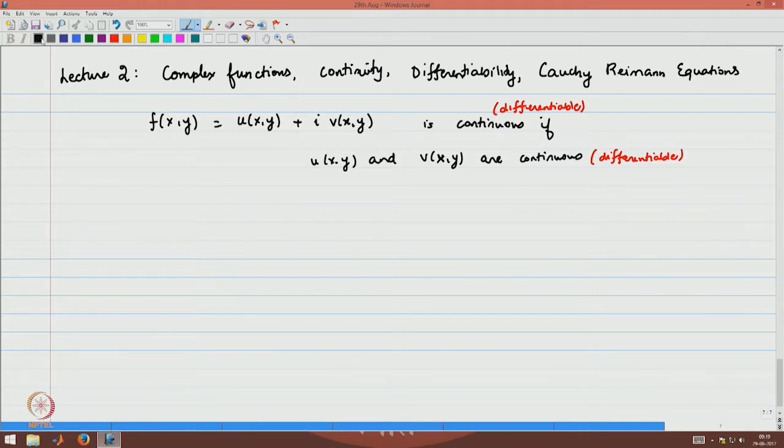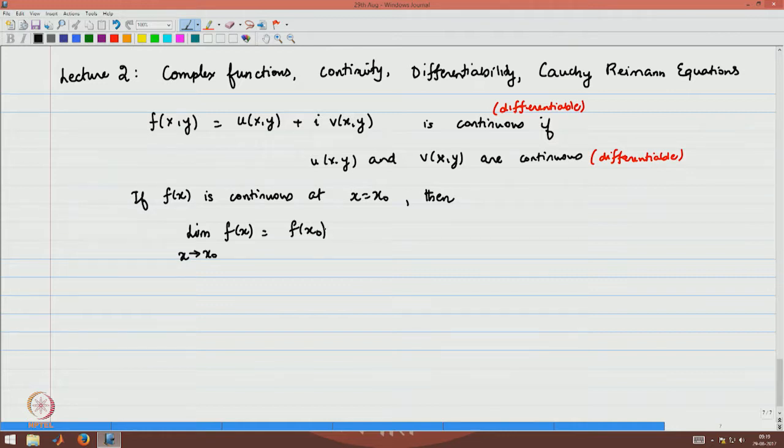Now, if a function f of x is continuous at x equal to x 0, then the limit as x tends to x 0 of f of x equals f of x 0. So, this is a definition of a function being continuous at that point.